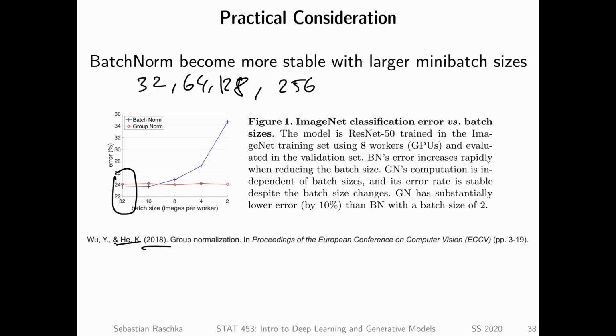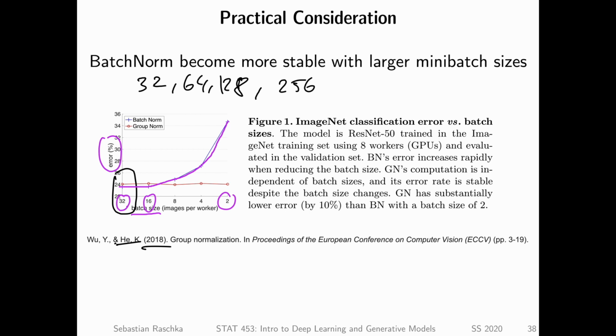In this plot they show the error, and the error for batch norm, the blue graph, goes up the smaller my batch size becomes. Here's the batch size of 2. This is a batch size of 32. So 16 may still work well here, but if I remember correctly from another paper, the recommendation is generally 32.